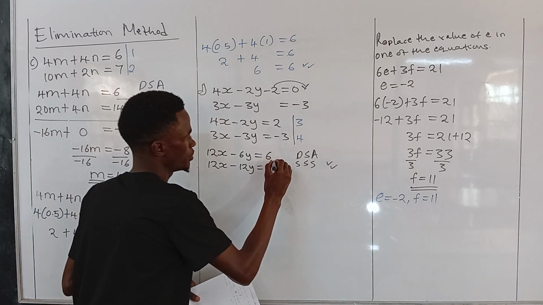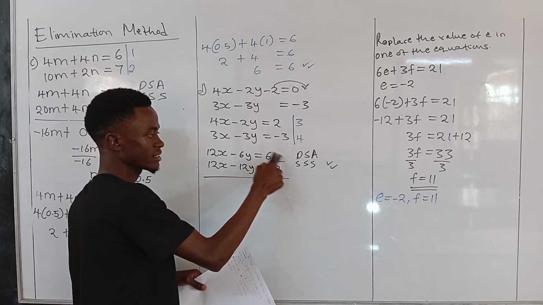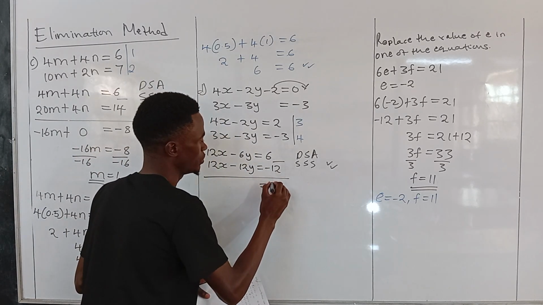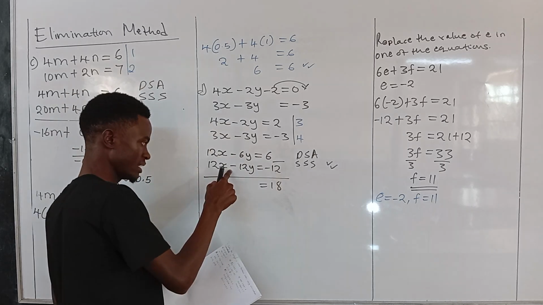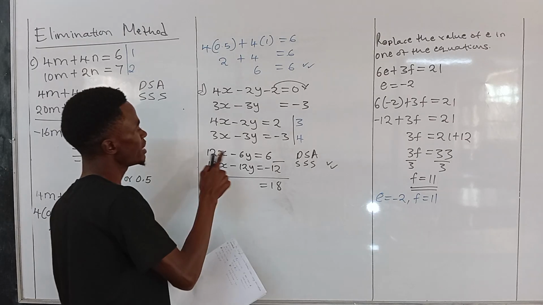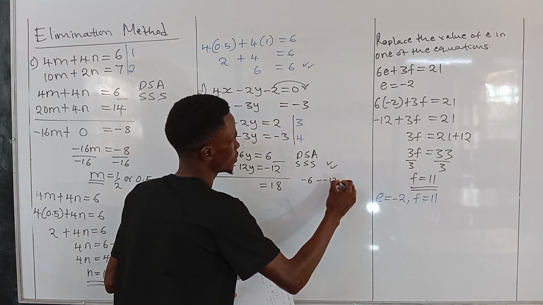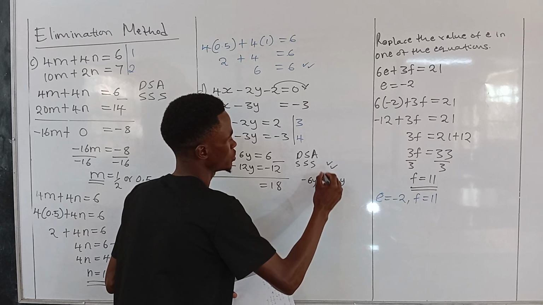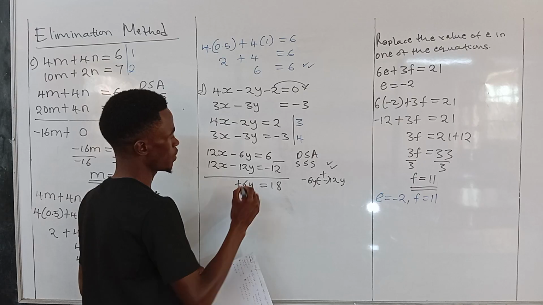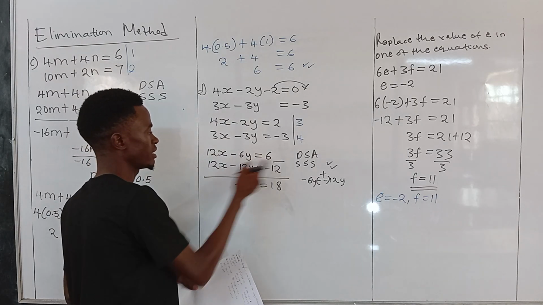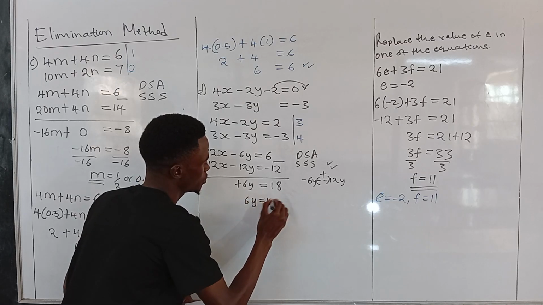So from there, we do our subtraction. 6 minus 12 is going to give you 18... Now, minus 6y minus minus 12y: minus and minus is going to give you positive, so this one is going to give us plus 6y. 12x minus 12x is going to be 0. So 6y is equal to 18.